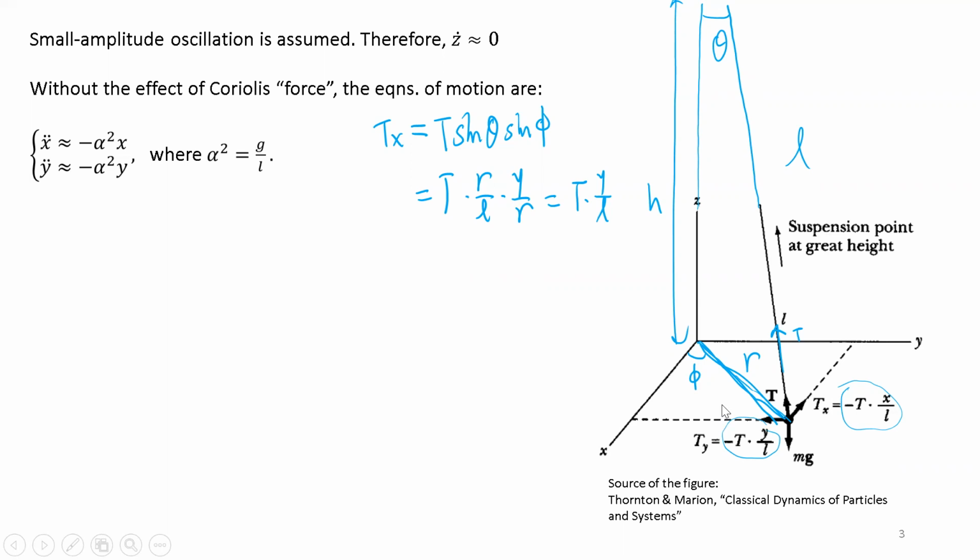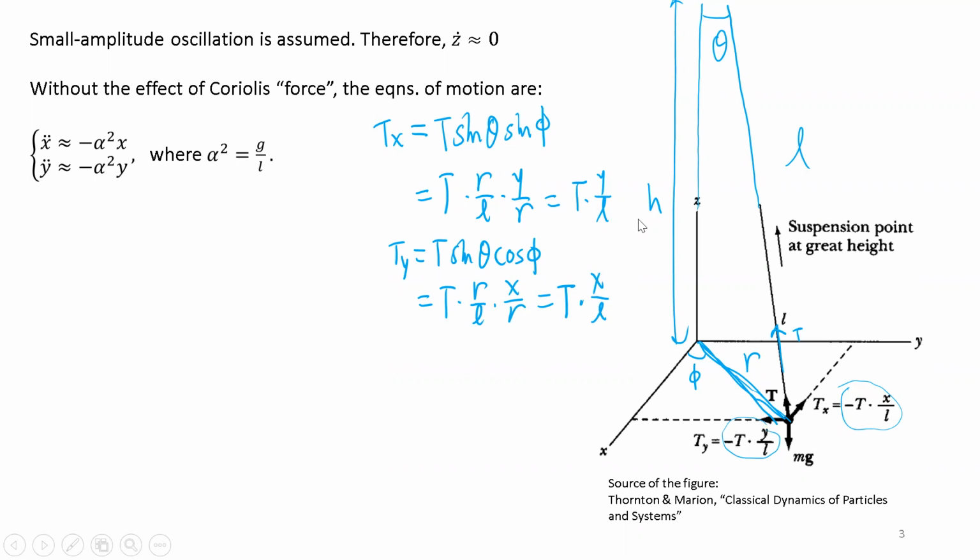Similarly, if you want to find the y component, that would be T again times sine theta, this time times cosine phi. That would be T times r divided by L times x divided by r, and that would be T times x divided by L. So that's the same thing over here.